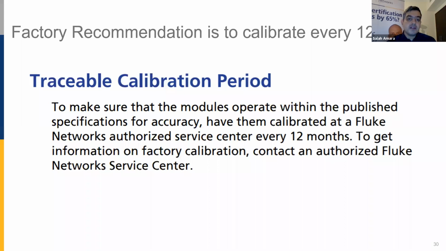In this way, they will not be able to change the dates of calibration inside the unit itself. So when you hand over a test report to your consultant or to your customer, even if the unit was sent to a calibration lab, the calibration date will not be changed. The only way to change the calibration date is to send it to one of our authorized service centers, and that needs to be done every 12 months.